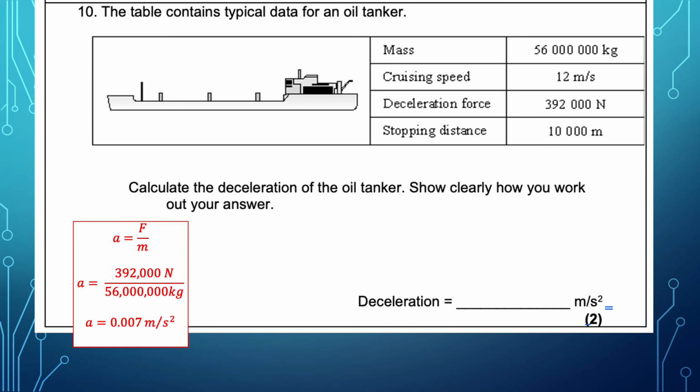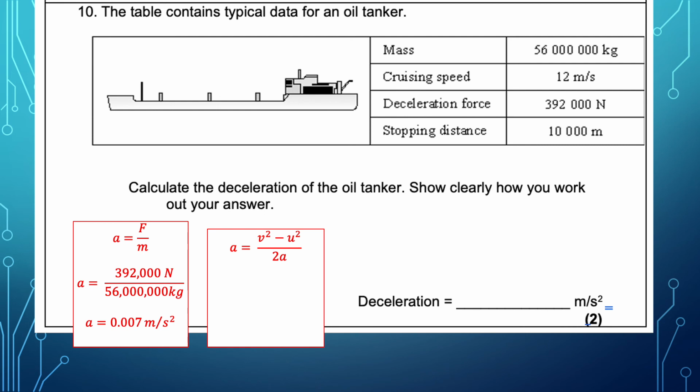So that's one way to do it, which is, like I said, the easier way. But if you want to do a little bit more work, then you want to use a different formula. That formula still has to start with a equals, but this one looks like v squared minus u squared divided by 2s. Sorry, that should say s, not a.